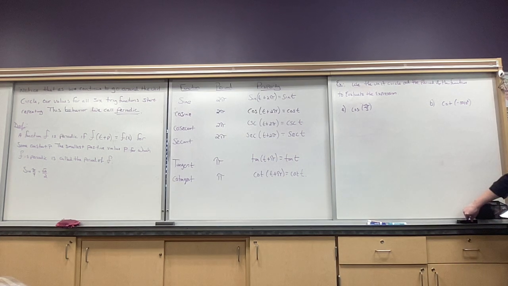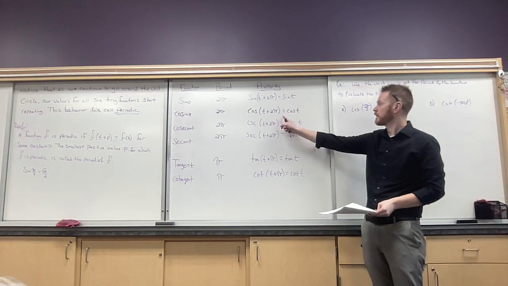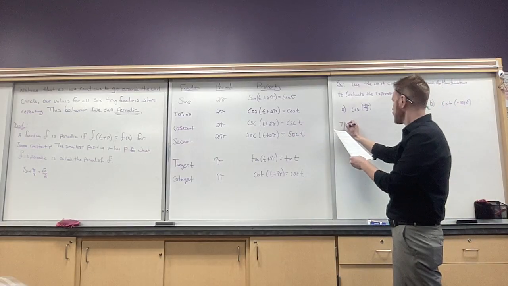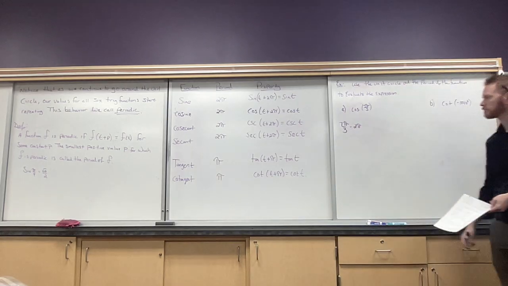Okay, first one. Using all of our knowledge up to this point, what is cosine of 7 pi over 3? Now, 6 pi over 3 is 2 pi, so that's already a full 360 degrees, which is fine. It's going to be the same no matter what, even if we add 360 to it. So let's take 7 pi over 3 and subtract one of those revolutions.